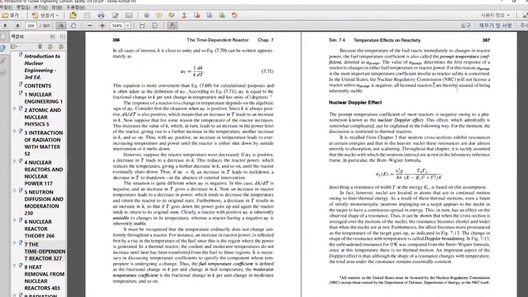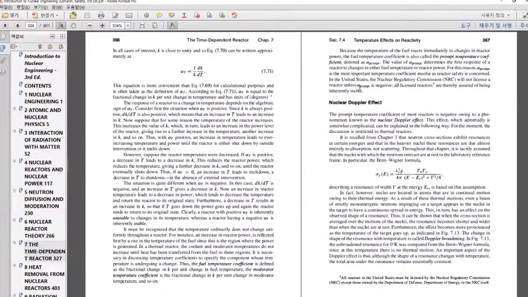And we need to assure that the fuel temperature coefficient, the feedback effect of fuel temperature, provides negative feedback to the reactor power.